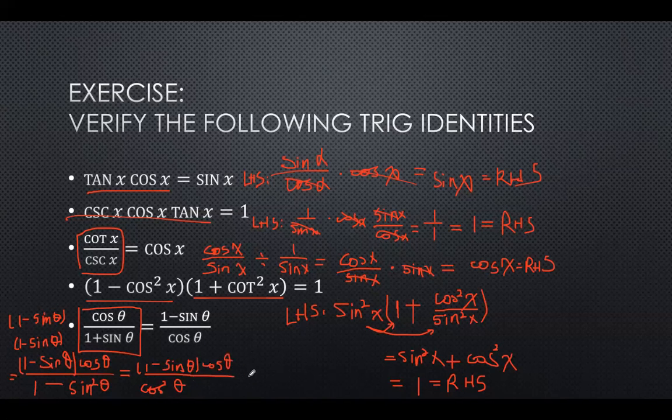Okay, and finally, there is 1 power of cosine theta on both the numerator and denominator. We can cancel 1 power of each, so this is gone, and the square is reduced to the first power of cosine. And we only have 1 minus sine left in the numerator.